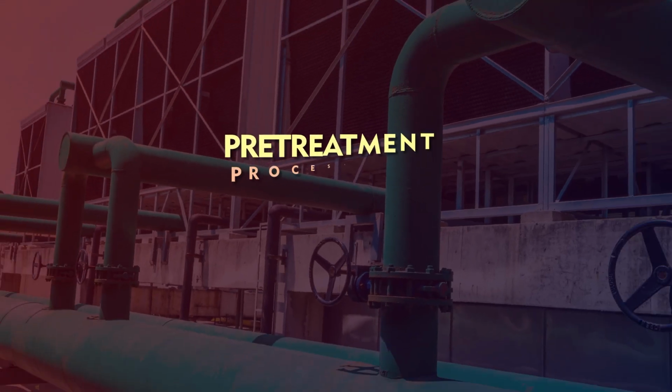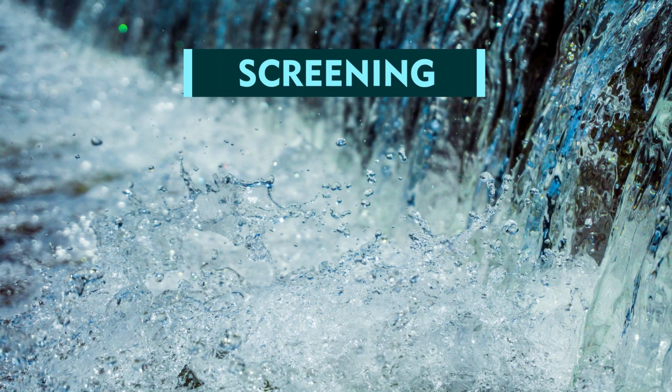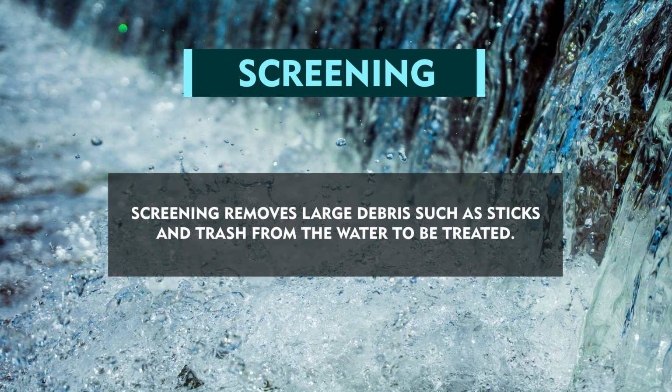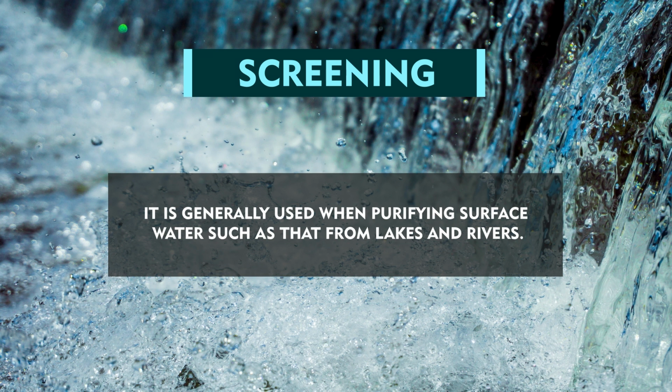Today we will discuss the pre-treatment processes of water. Screening. Screening removes large debris such as sticks and trash from the water to be treated. It is generally used when purifying surface water such as that from lakes or rivers.